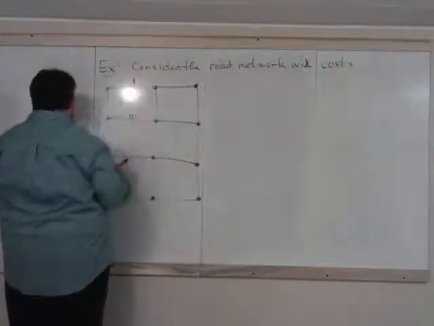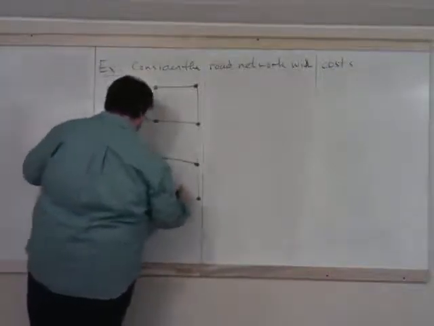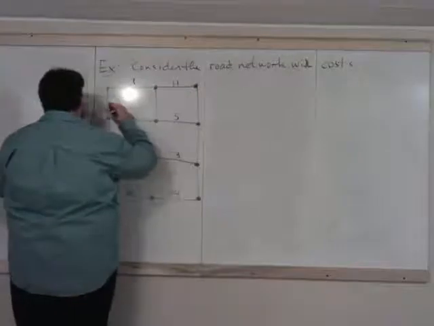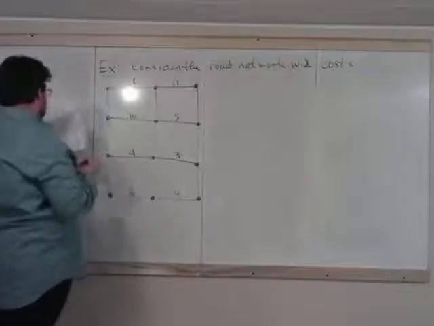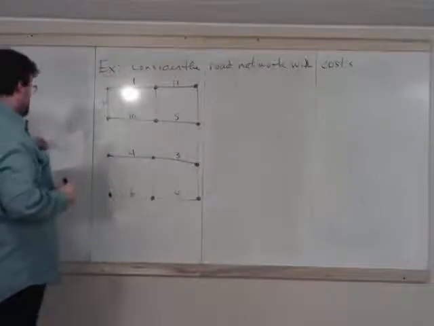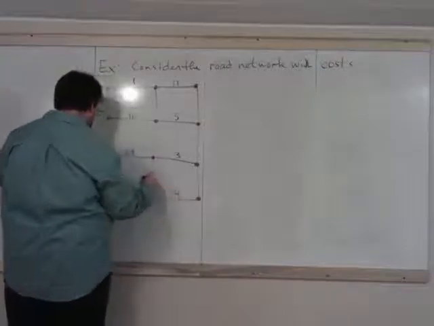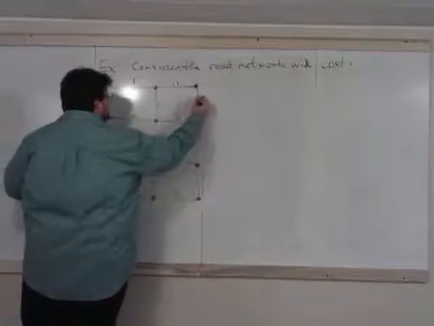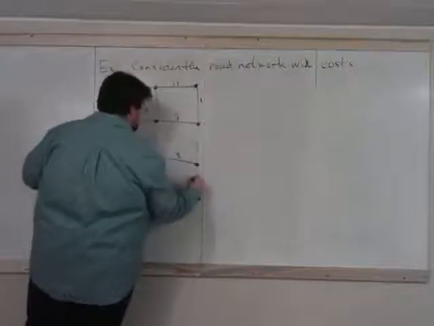So let's call this one 1, this one 10, this one 4, this one 6, this one 4, this one 3, 5, 11, 1, I'm trying to do this sideways because... Sorry, 4, not 1 there. 3, 7, 2, 8, 3, 1, 1, 4, 5.